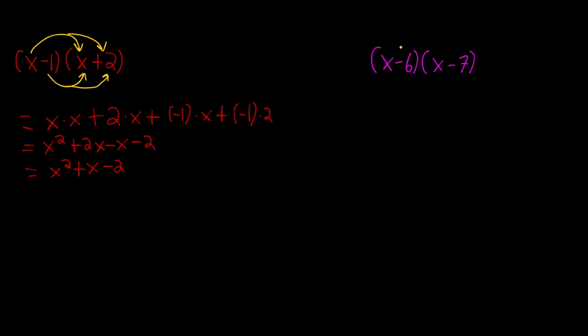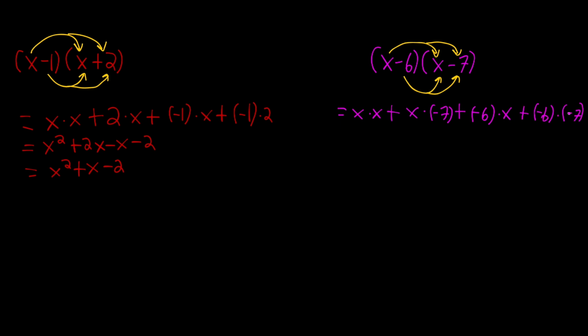Now, for the one on the right, it's going to be the same process. So multiply firsts, and then the outsides, and then the insides, and then the lasts. Now here, that's going to give me x times x plus x times negative 7 plus negative 6 times x plus negative 6 times negative 7.